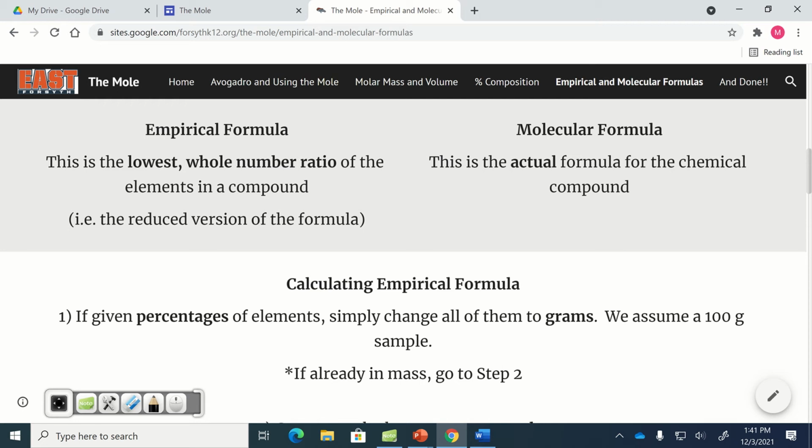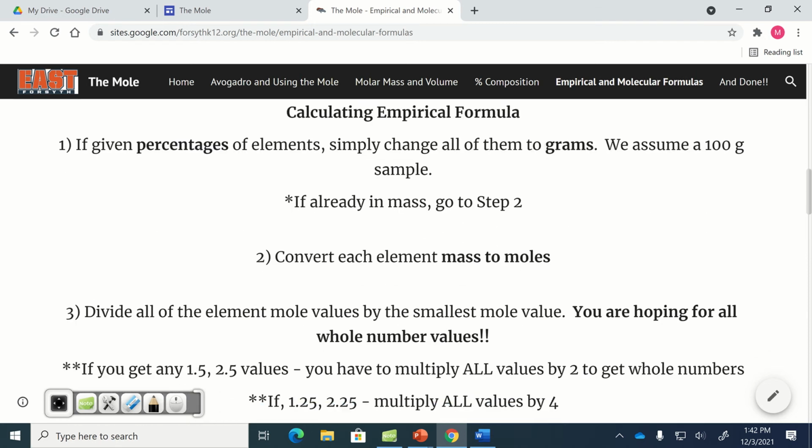The molecular formula is the actual formula for the chemical compound itself. So the empirical formula can help us create the molecular formula. If we know the molecular formula, we could easily figure out the empirical formula. But when we do analyses, we usually get the empirical formula first and then need other information to help us get the molecular formula.